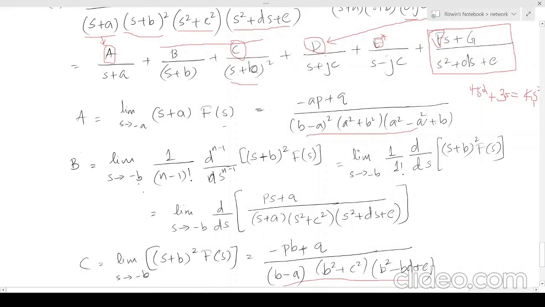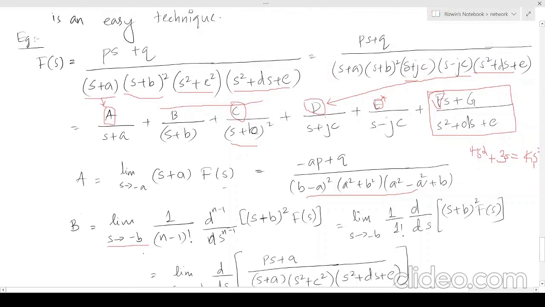So limit s tends to minus b, 1 by (n minus 1) factorial, d raised to n minus 1 by ds raised to n minus 1. So we are differentiating it, where n is the order of the s plus b term, and just multiplying (s plus b) all square with F of s.